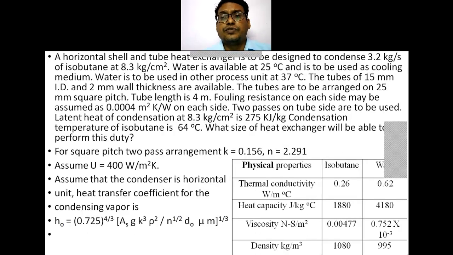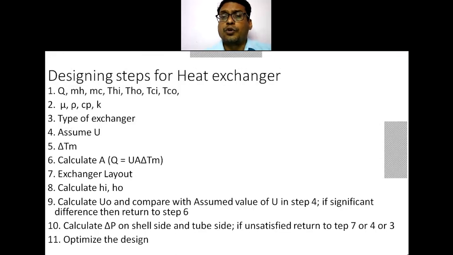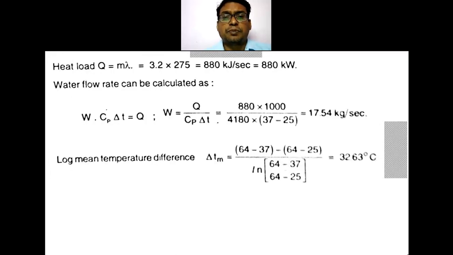In this case, the condenser is generating 3.2 kg per second of the isobutane, its mass flow rate, multiplied by lambda, which is 275 for the isobutane. So this much amount of heat is to be removed.